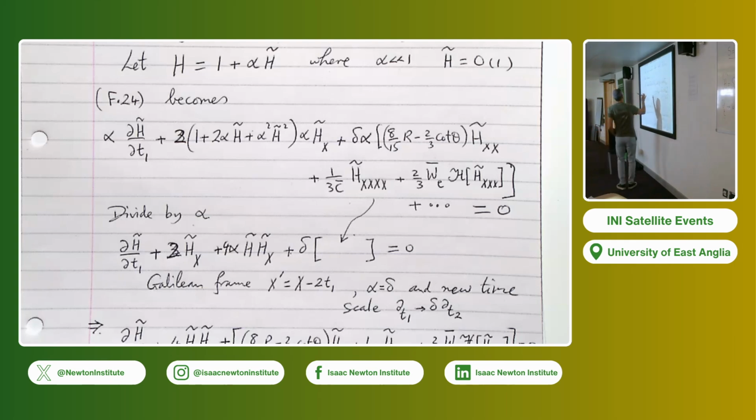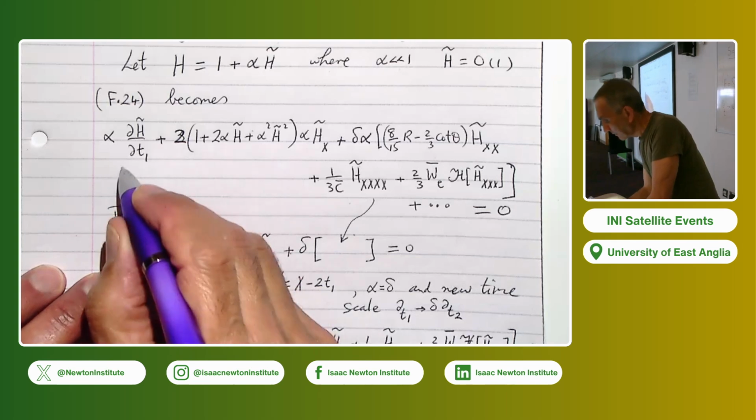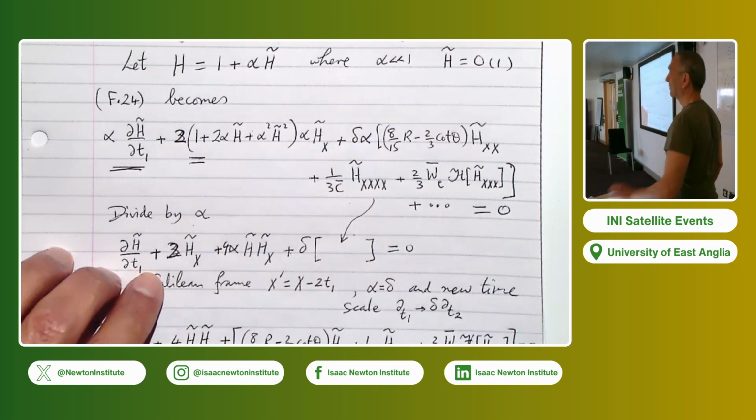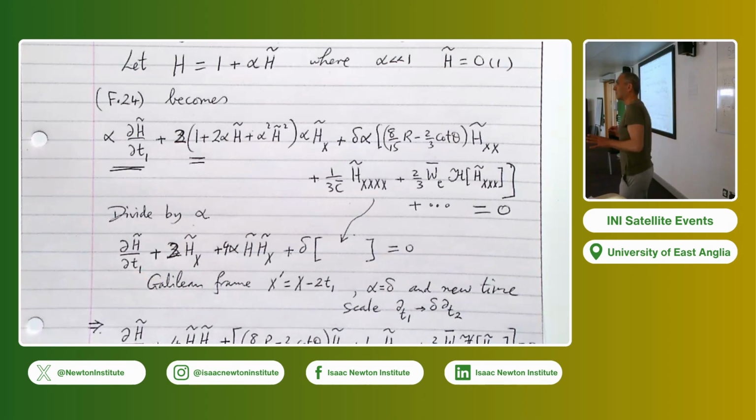So if I look at this, what do I see? Well, alpha is small, so the leading order terms, let me underline them: this and this. Everyone agree? That's the alpha terms. Those are the leading order terms.